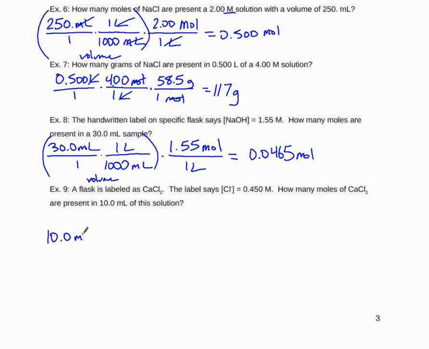Here's our volume, and it has to be changed to liters. So we're dividing by 1,000 here. These two steps give us our volume in liters. Then the concentration of chloride is 0.450 moles per liter. And that's specifically chloride.